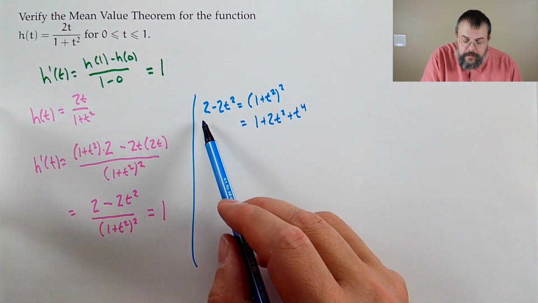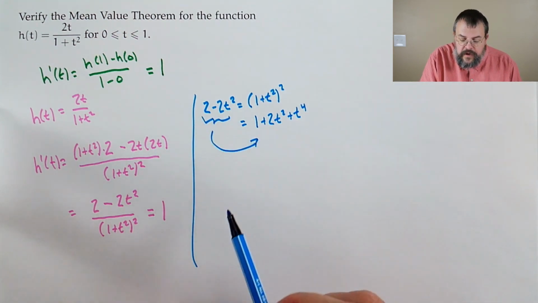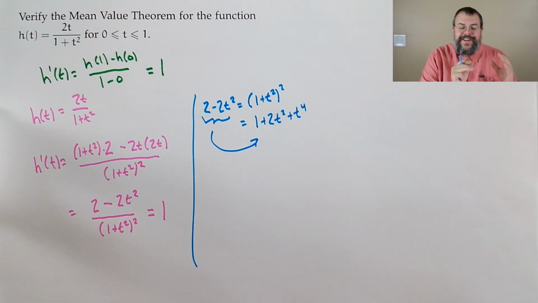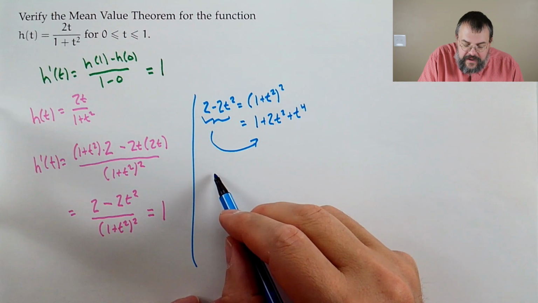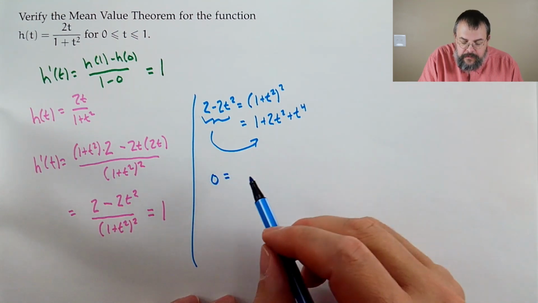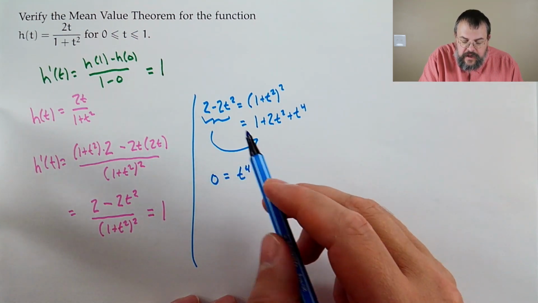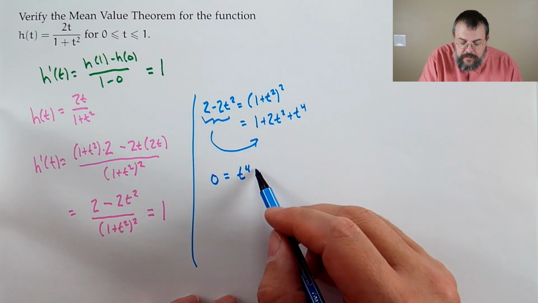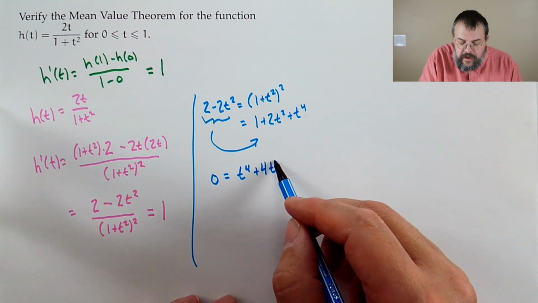And now we can move this over, because it's nice when you have a polynomial to put everything over to one side. So we have that 0 will have to equal t to the fourth, and then here this is a minus 2t squared, then plus 2t squared is plus 4t squared.